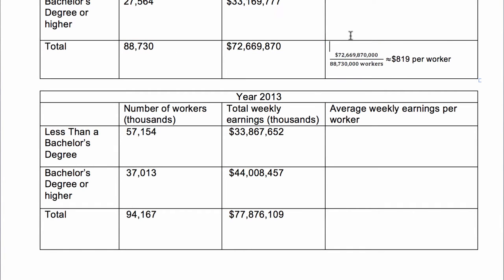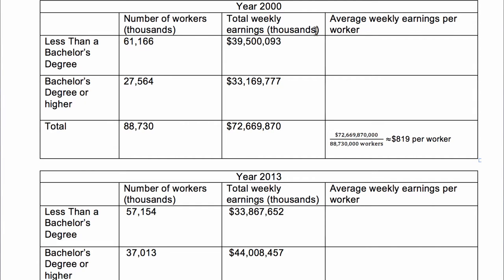Note that both of these are in thousands of units. So we will have to add 3 zeros or multiply these numbers by 1,000 when we do the computation. When we divide, the result is an average weekly earnings of $819 per worker.